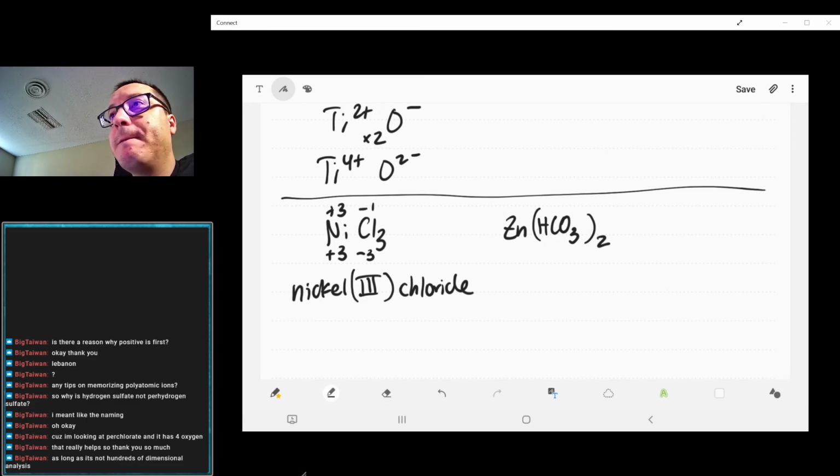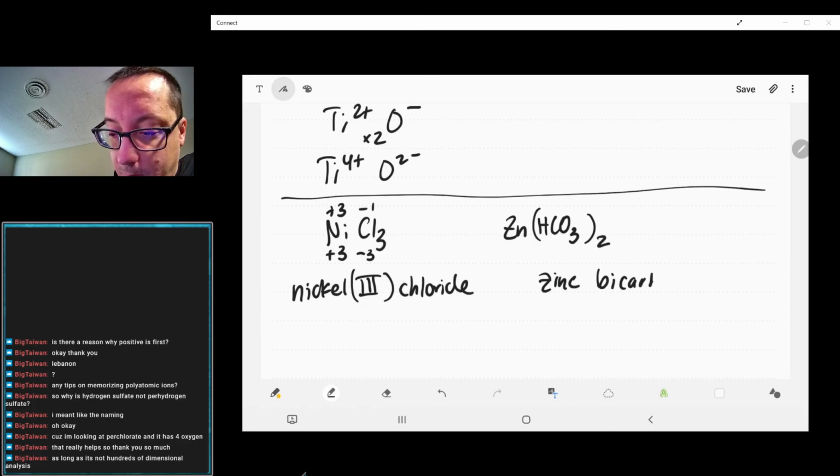Next one is a trick. Beware. This one we don't have to calculate anything, because zinc does not have a variable charge, as if it were calcium or magnesium or something.